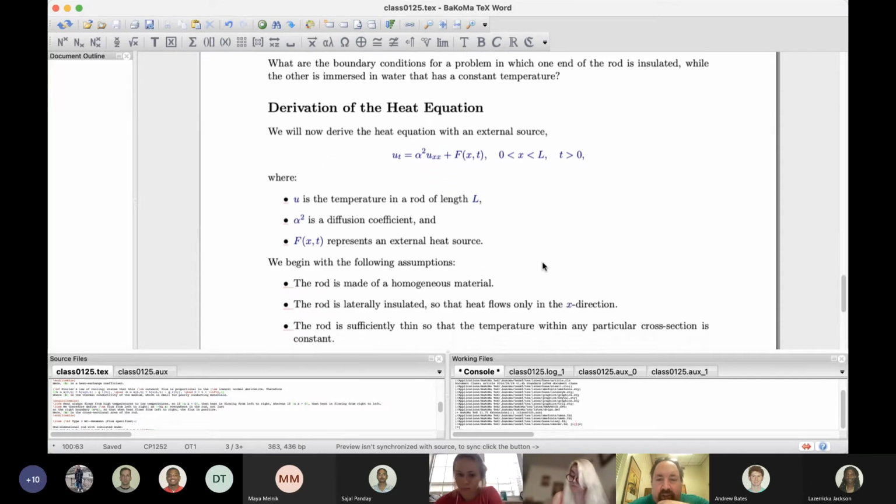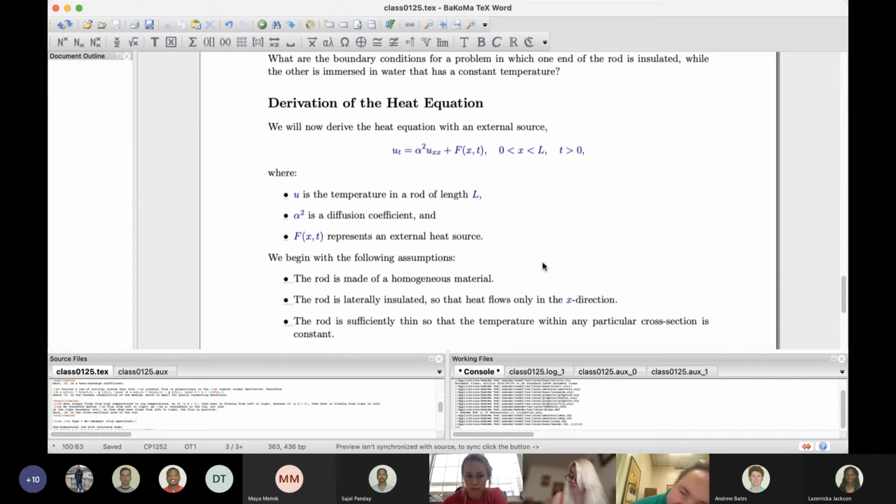All right, so some assumptions that we make: that the rod is homogeneous, so it has a uniform, constant density; lateral insulation, so we only have heat flow within the rod, not out the sides; and also that the temperature within any cross section is constant. So this simplifies the manipulations that you make.